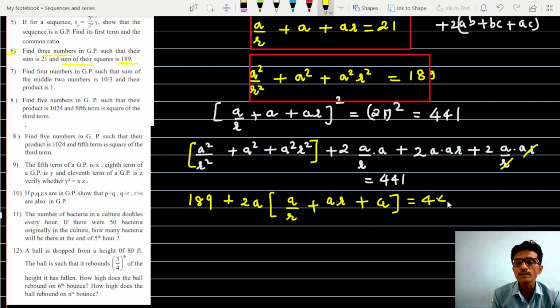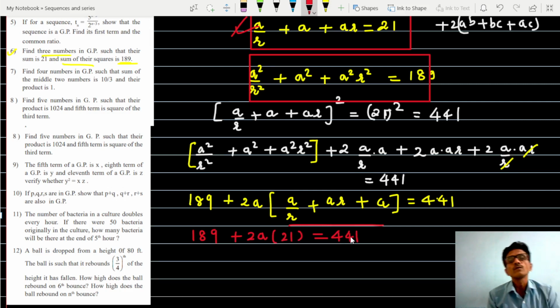What is the right hand side? 441. Now what is this? A upon R, AR and A, that is equal to 21. So it is 189 plus 2A into 21, that is equal to 441.